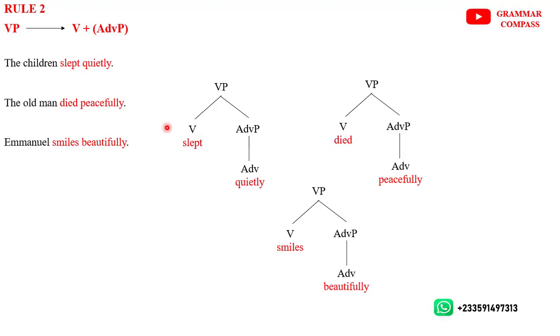So remember that in phrase structure grammar, a phrase is a qualifier or a modifier of a head. Two heads cannot be placed on the same position or on the same level. If you write adverb over here, what you mean is that the adverb is the head of the verb phrase and the verb is also the head of the verb phrase.